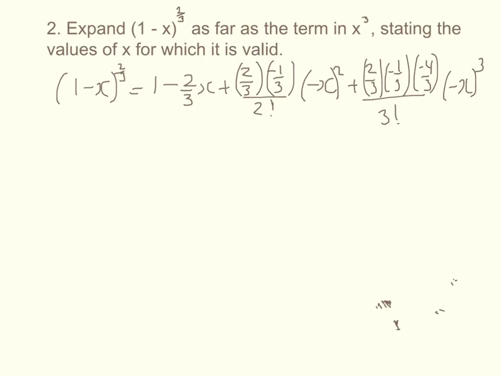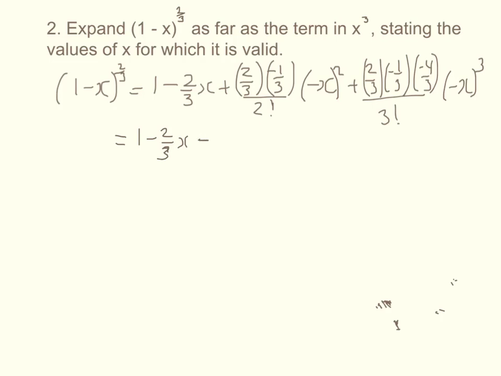Okay, so let's simplify that a little bit. So we've got 1 minus 2/3 of x. Now you can use your calculator for your fractions, but let's just check our signs first of all. We've got minus in here, and then 2 more minuses, so that will give us a minus.